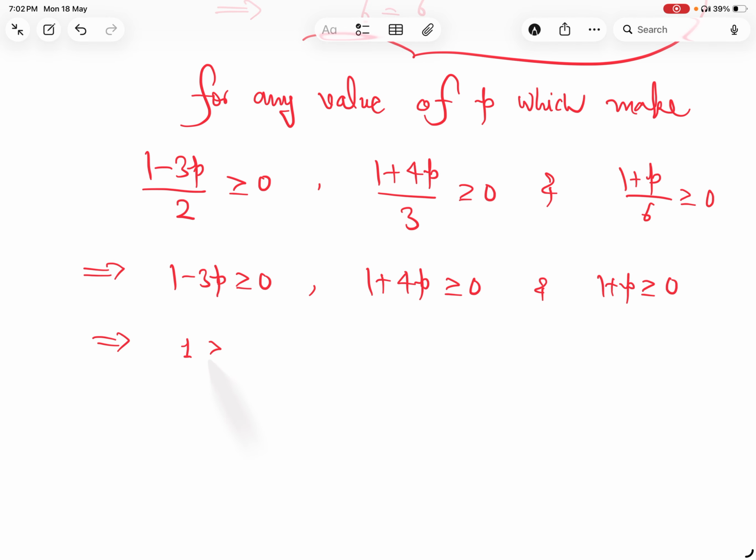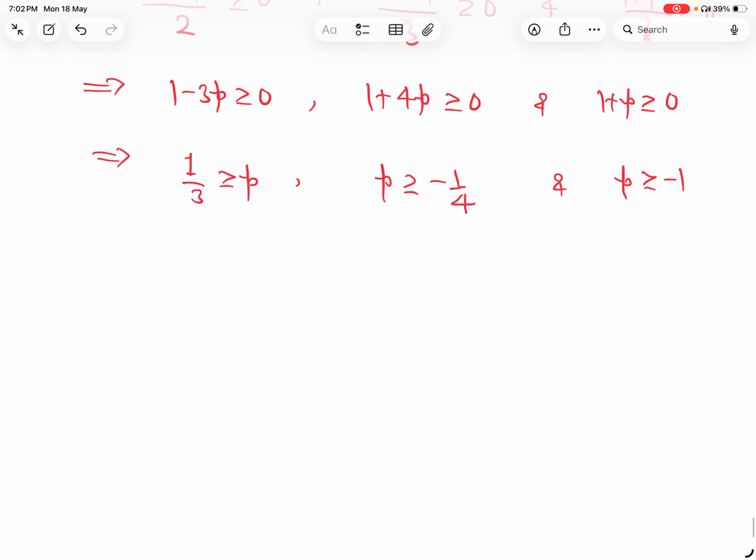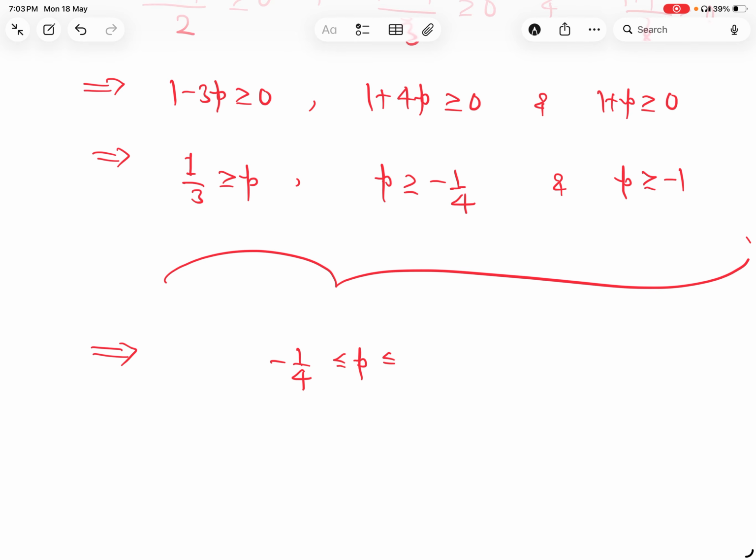After from here, what follows? It follows that minus 1 by 4 less than p less than 1 by 3.